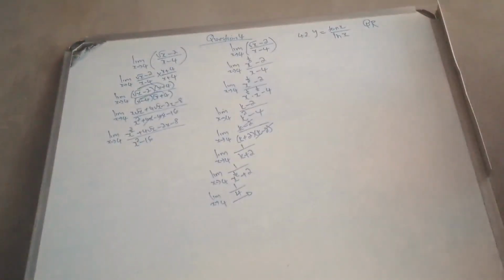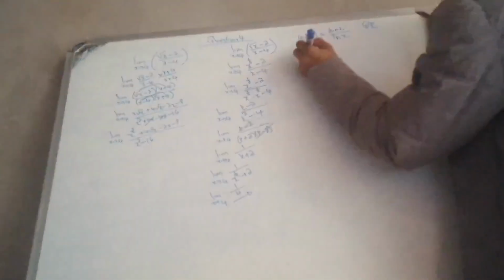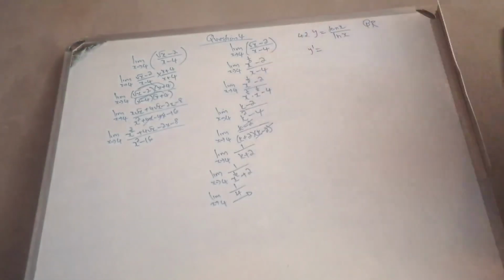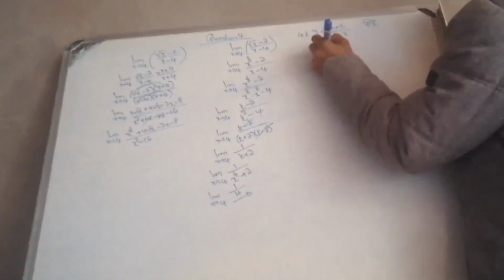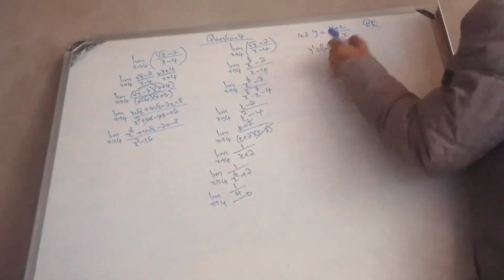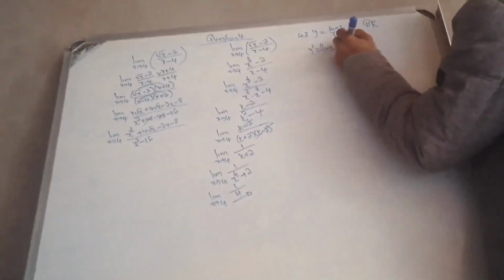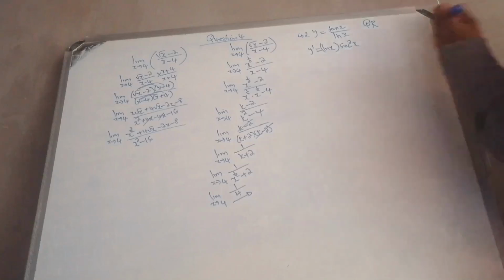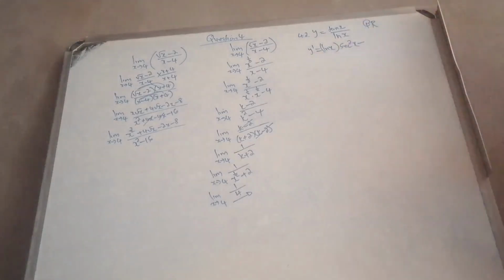I know that for the quotient rule, y prime, because we are differentiating, I hold on the denominator, ln x. I differentiate the numerator. I know that the derivative of tan x is sec squared x, and then the quotient rule tells me to minus.